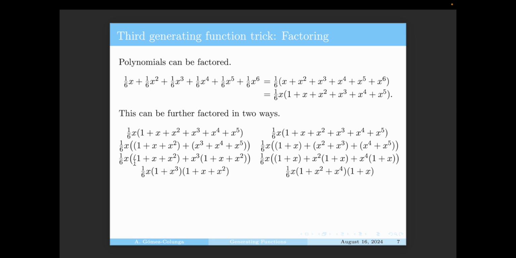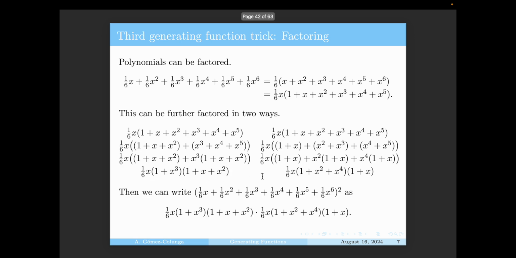So we can pull out 1 plus x squared, there's x cubed, 1 plus x squareds, and so we get this factorization. And on the other side, we get this different factorization. Both of these are just the generating polynomial for rolling a 6-sided die.